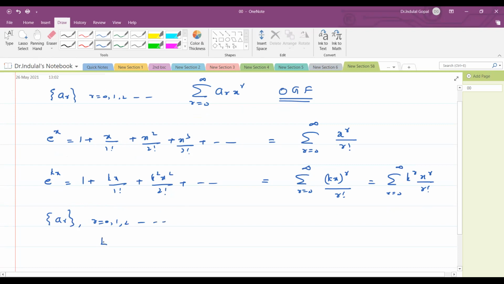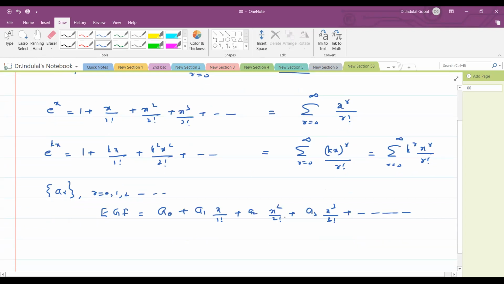Now we define the exponential generating function as the series a0 plus a1 x by 1 factorial plus a2 x squared by 2 factorial plus a3 x cubed by 3 factorial plus etc. This infinite series in which the coefficient of x raised to r by r factorial is a r is what is known as the exponential generating function corresponding to the sequence a r.